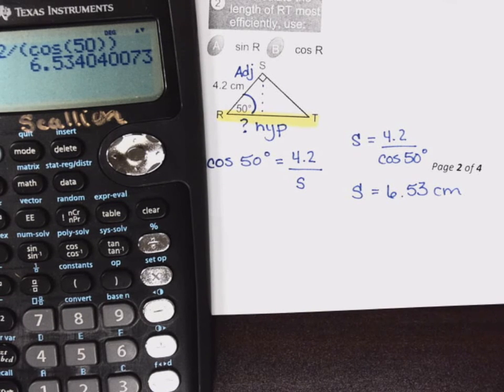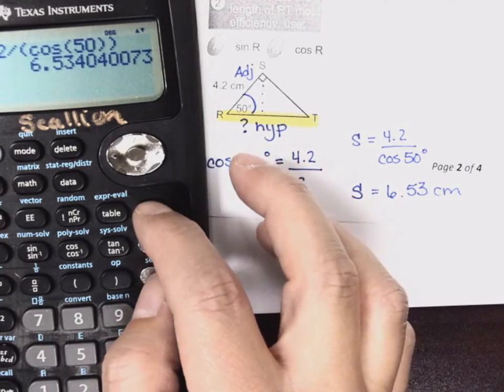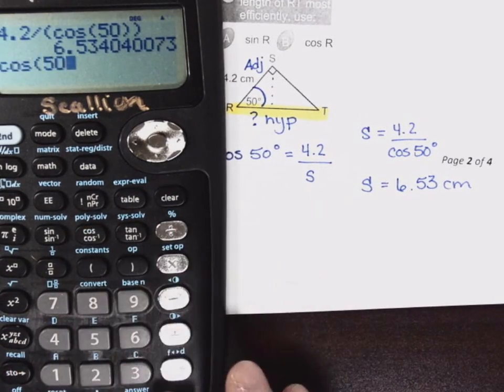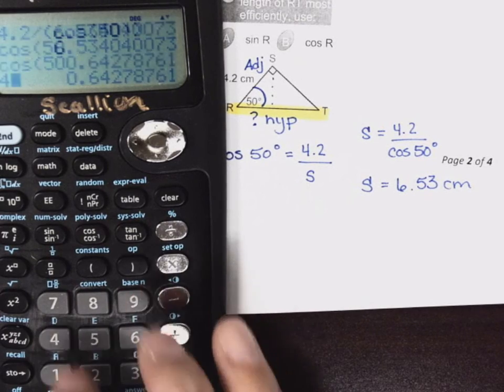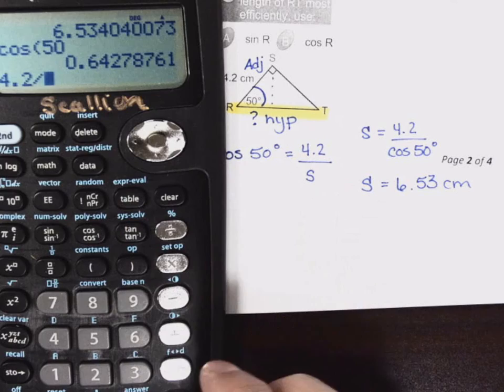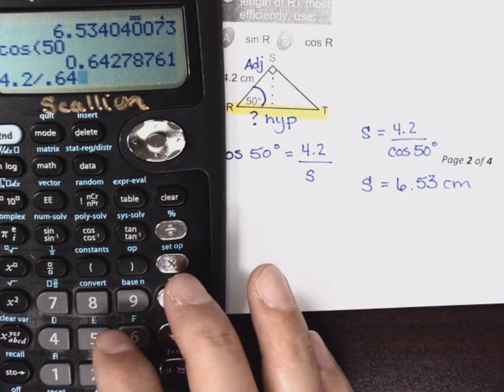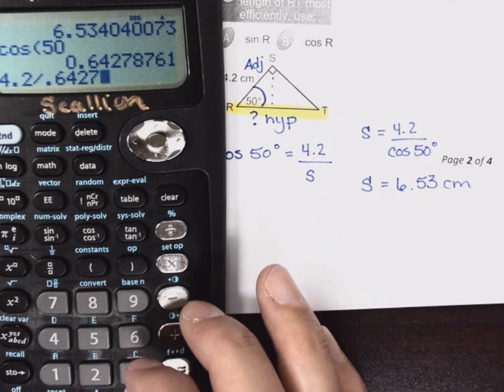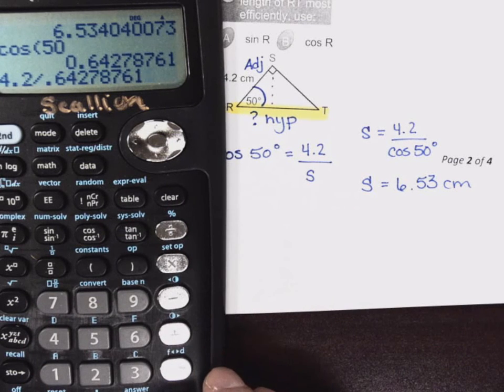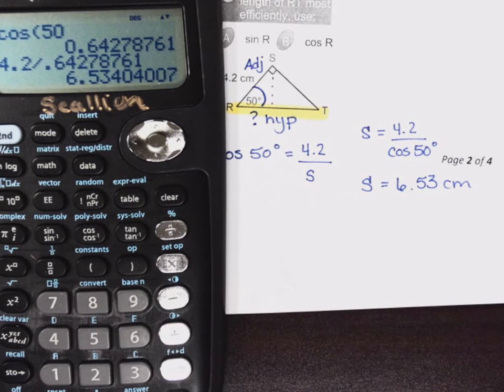And I hope you all can figure out how to do that in your calculator. If you're unsure, you can always do cos of 50. And then you can go 4.2 and divide by, and then if you've written that down on a scrap piece of paper, then just type it all in. It's the longer way to do it, but it is the okay way to do it. And you get the exact same answer.